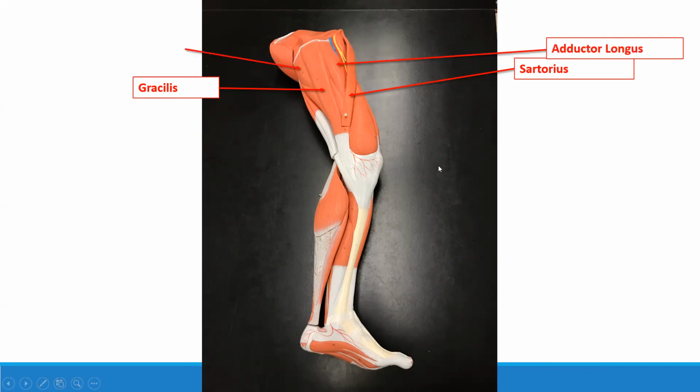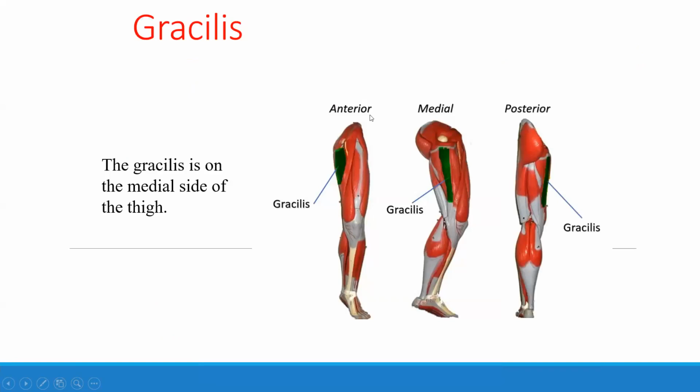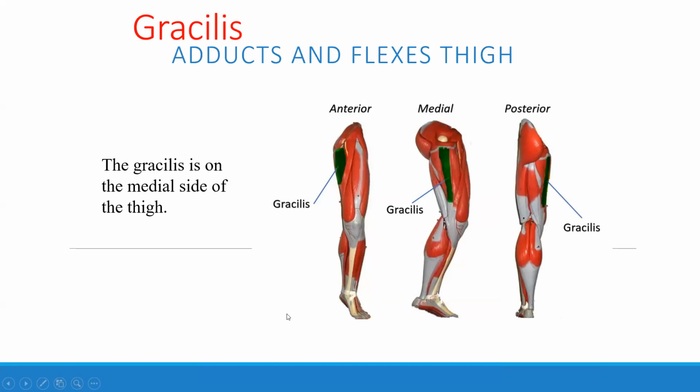The adductor longus runs underneath the sartorius, adjacent to the gracilis, and the adductor magnus runs also adjacent to the gracilis, underneath the gracilis, and underneath the sartorius. So there's our gracilis on the medial side of the thigh, and it allows us to work with all the other muscles to flex our thigh.